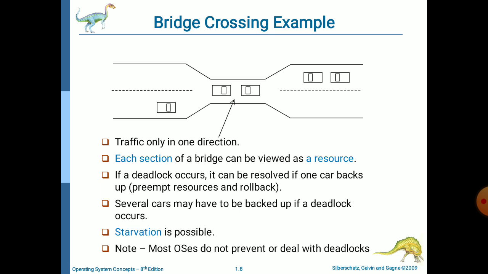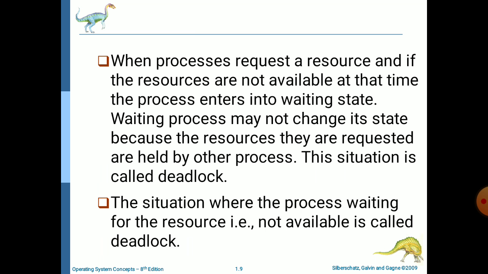The next thing will be the definition. When processes request a resource, and if the resources are not available at that time, the process enters into a waiting state. A waiting process may not change its state because the resources are requested or held by another process.